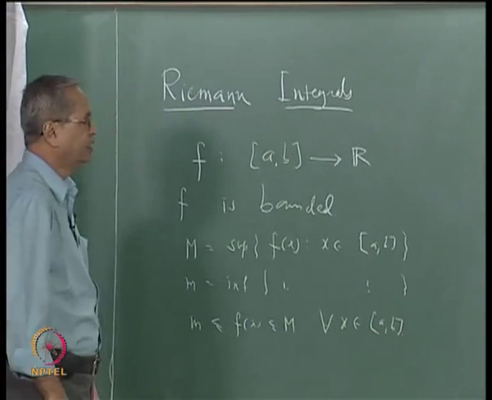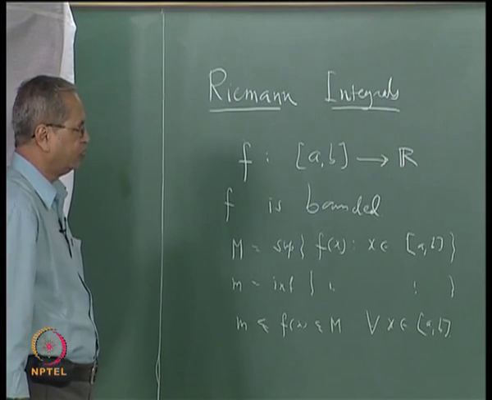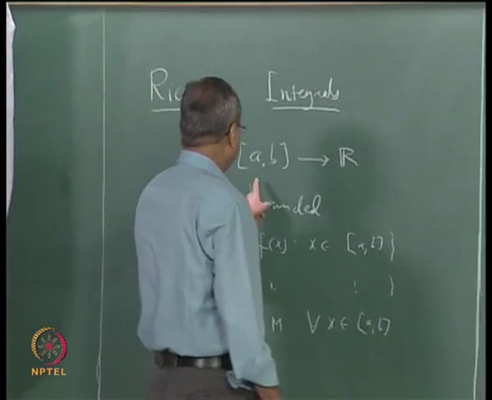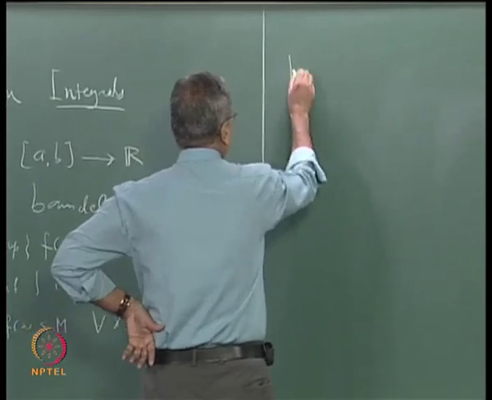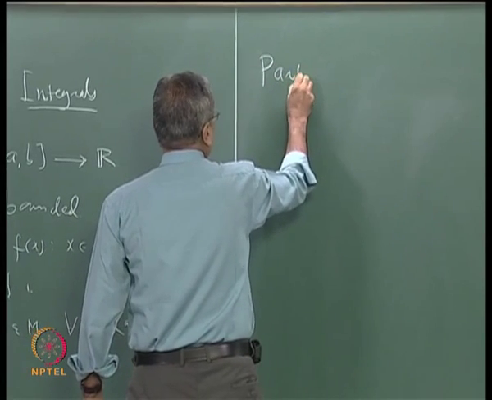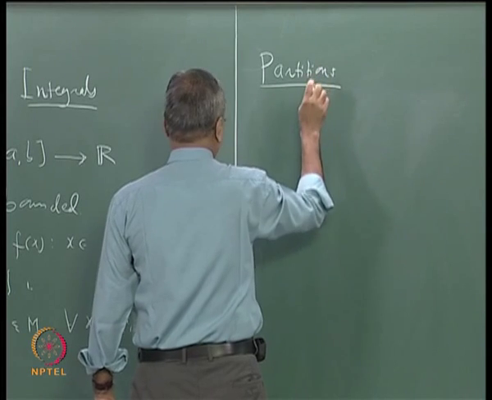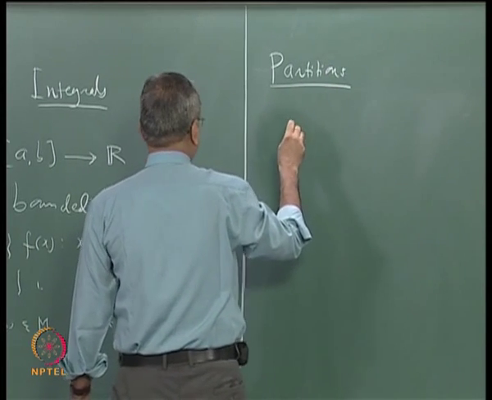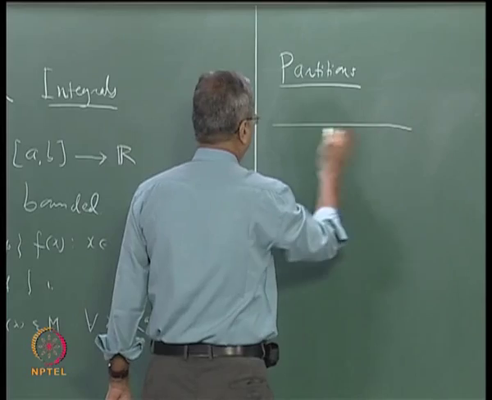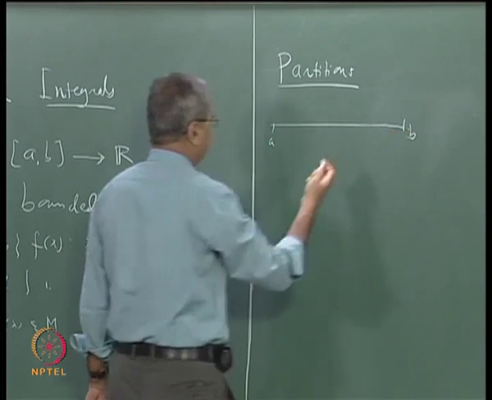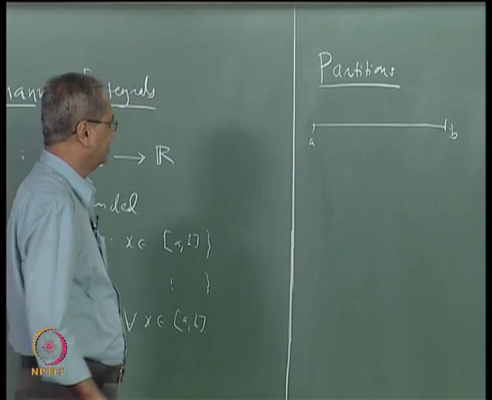Now the first thing to be done for this Riemann integral is what is called partitioning of this interval. So that is the next thing we want to discuss: what is meant by a partition. A partition of [a,b] is nothing but, suppose this is the interval [a,b], we subdivide this interval into some subintervals.